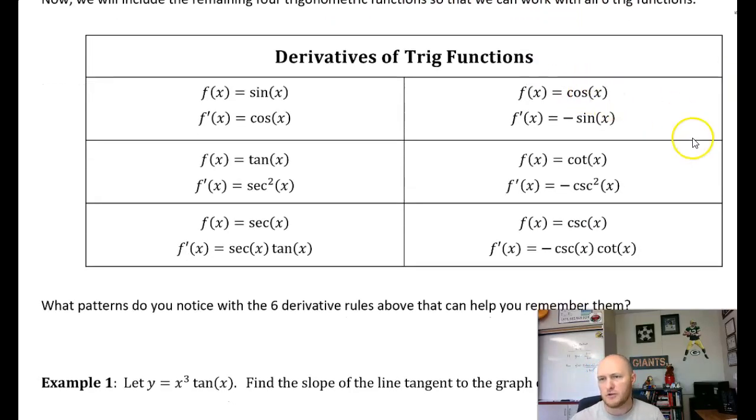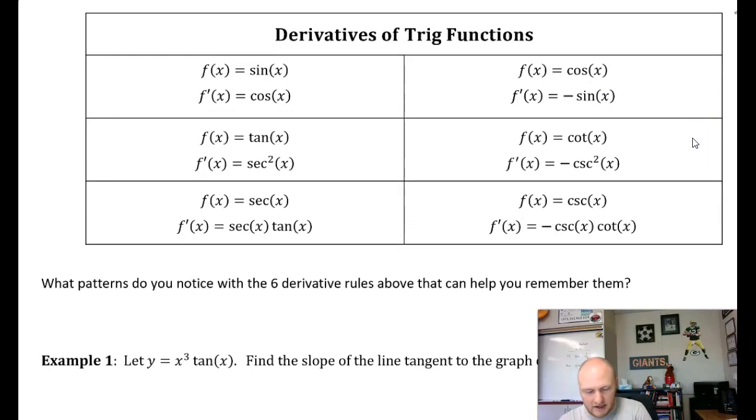So here are the trig derivatives, and again, we have already found the derivative of sine of x and the derivative of cosine of x. Now I'm going to introduce the other ones. If my function is tangent of x, the derivative of tangent of x is secant squared of x.